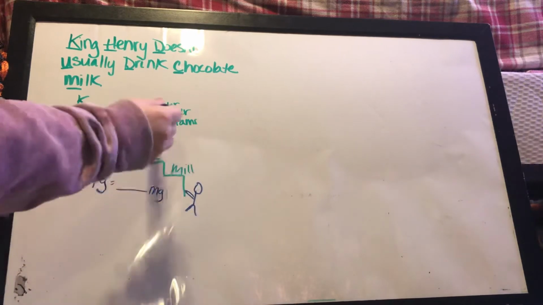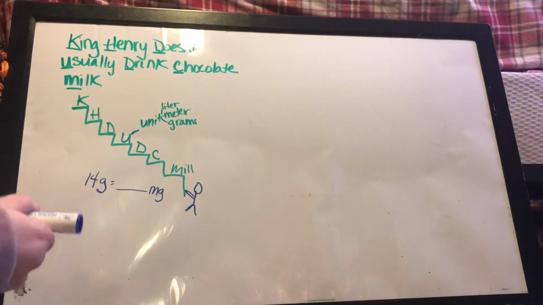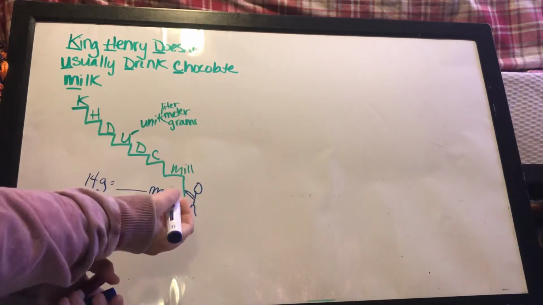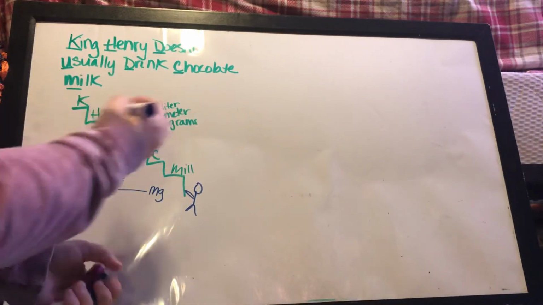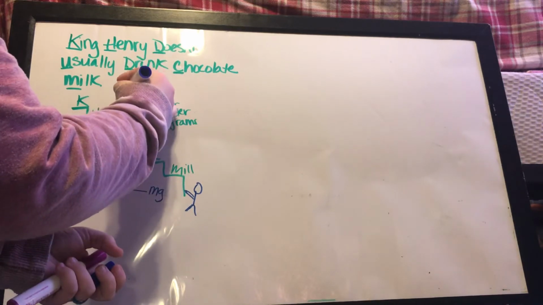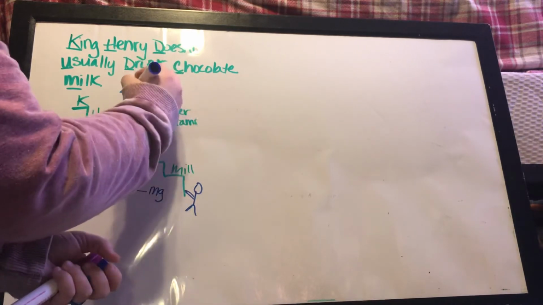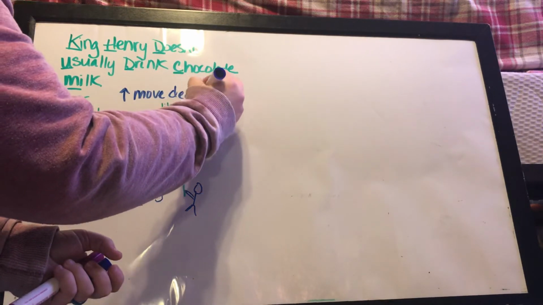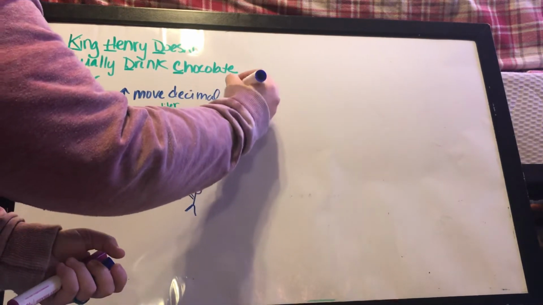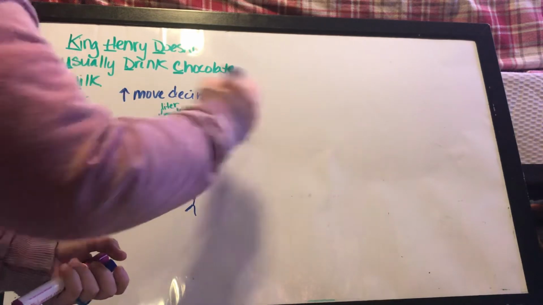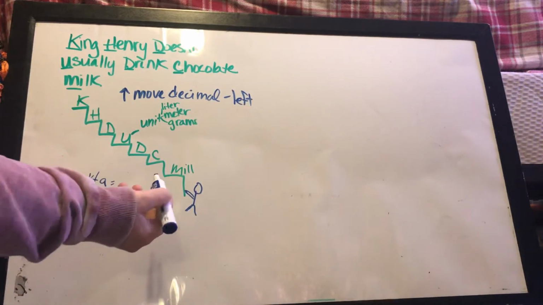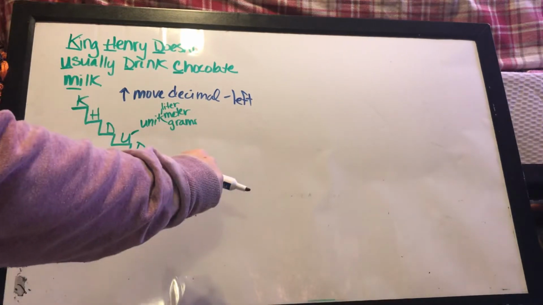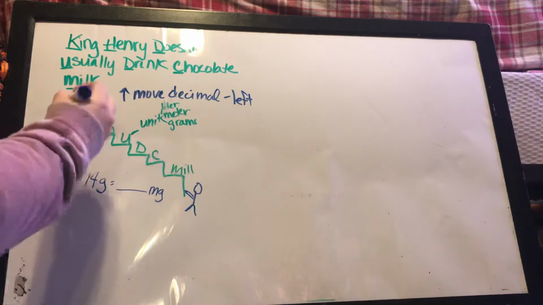So when you go up that ladder, you're going away from your friend, and your answer is going to be getting smaller because you're going off in the distance. When you go up the ladder, I'm going to draw a little arrow going up. It means that you're going to move your decimal to the left. So when I go up the ladder, I move my decimal the same direction to the left. When I go down the ladder, I'm going to move my decimal to the right.